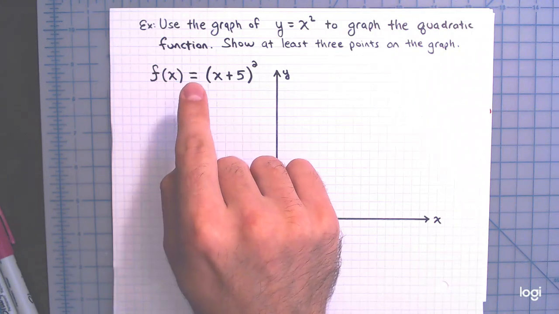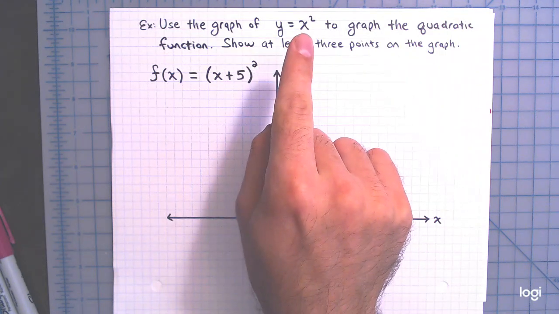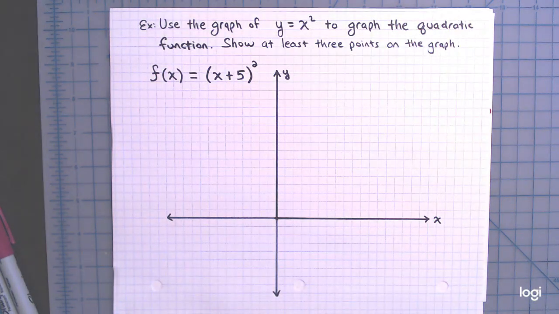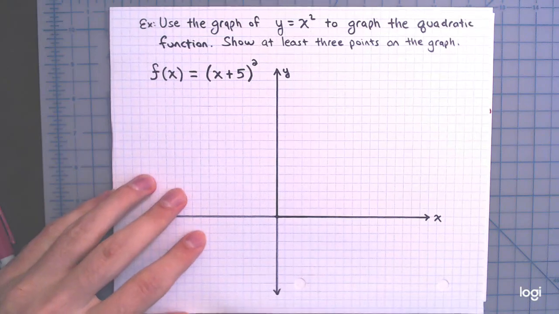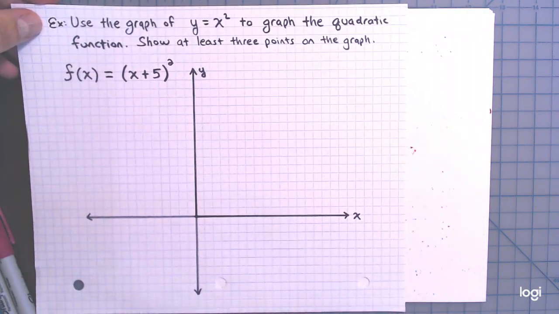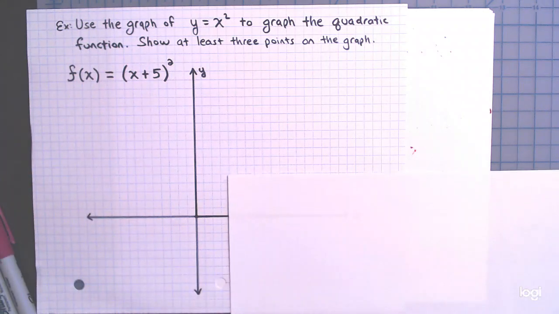So graph y equals x plus 5 squared, right, instead of x squared. So you see here, x is replaced by x plus 5. Now what I'm going to do is draw both of them. We're going to draw y equals x squared, and also y equals this x plus 5 quantity squared.